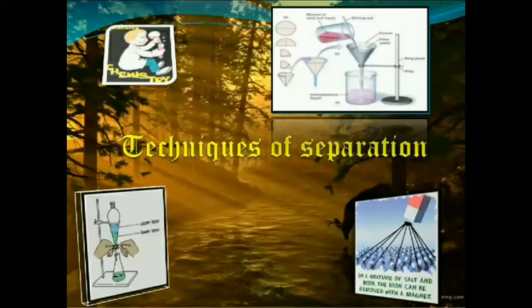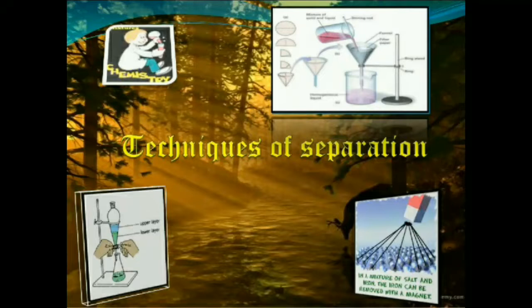Techniques of separation. Separating the components of a mixture: we have learned that most of the natural substances are not chemically pure. Different methods of separation are used to get individual components from a mixture. Separation makes it possible to study and use the individual components of a mixture.